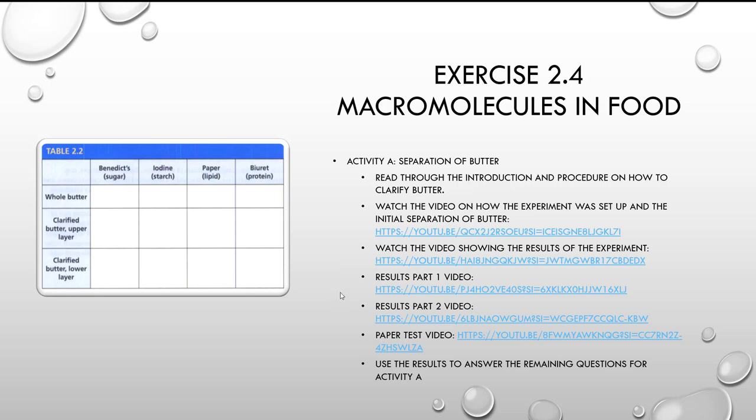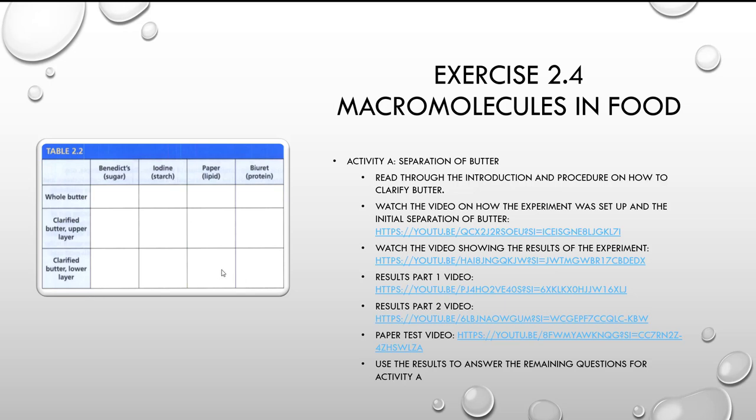So, how we tested it, what it looks like when we tested just the whole butter, for the presence of monosaccharides, starch, lipids, and proteins. And then what happens when we tested the separated butter, the upper layer, for the presence of the different macromolecules, and for the lower layer.